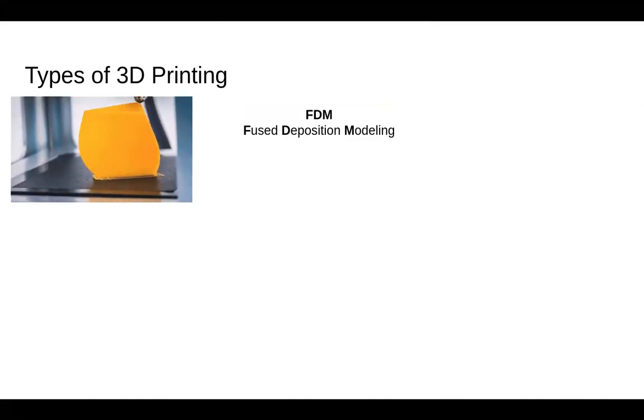The most common type of 3D printing that you will see is called FDM, or fused deposition modeling. I typically compare this to taking a hot glue gun and very carefully swirling it around in spirals to build up layers, little by little.